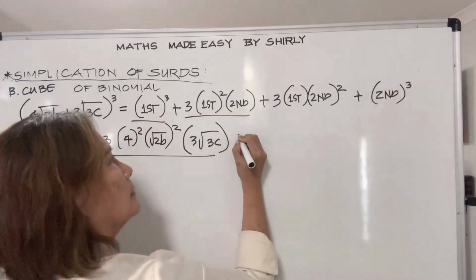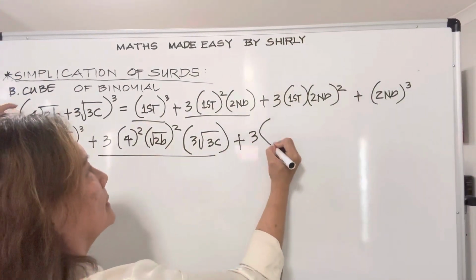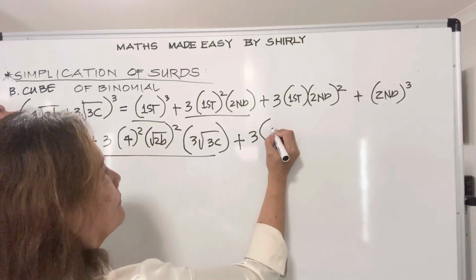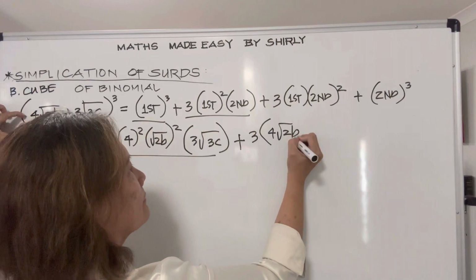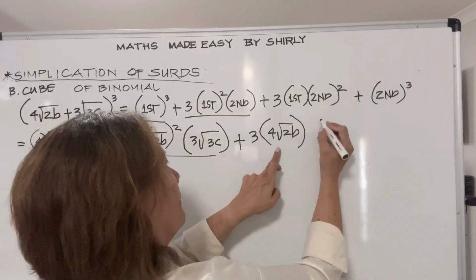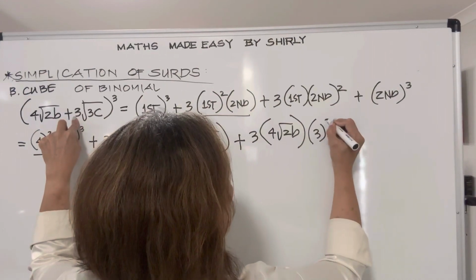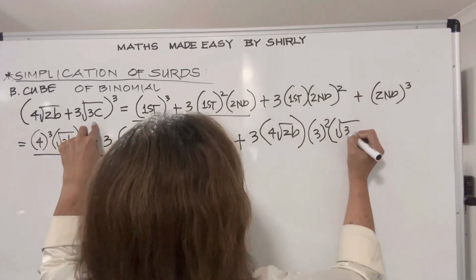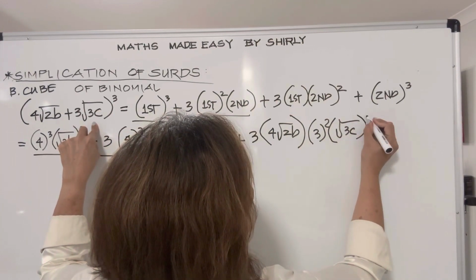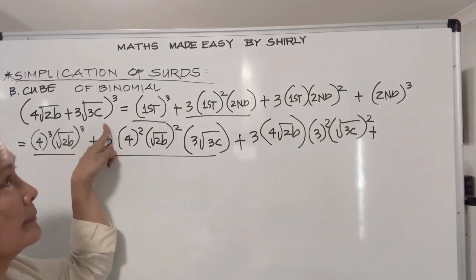Next, we have thrice again the first term, 4 square root of 2b, multiplied by the square of the second term. So 3 squared times the square of the square root of 3c, plus.